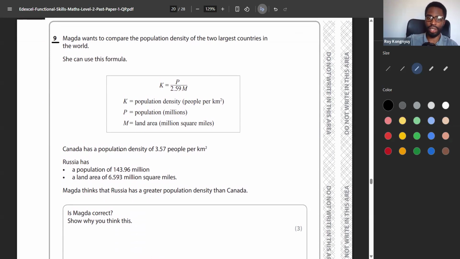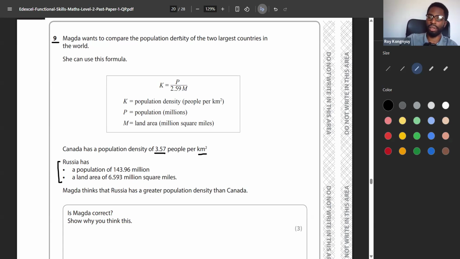Canada has a population density of 3.57 people per kilometer squared. Russia has the following population and area. Magda thinks Russia has a greater population density than Canada. Is Magda correct?